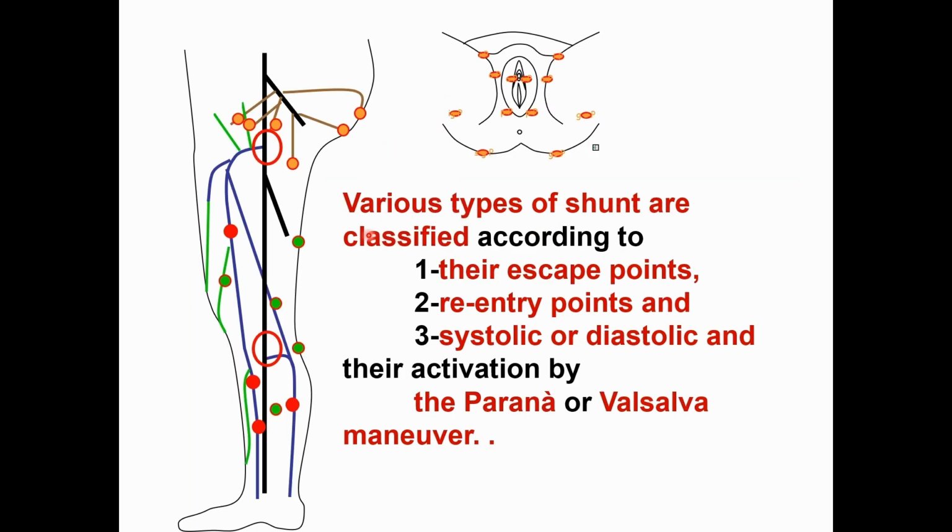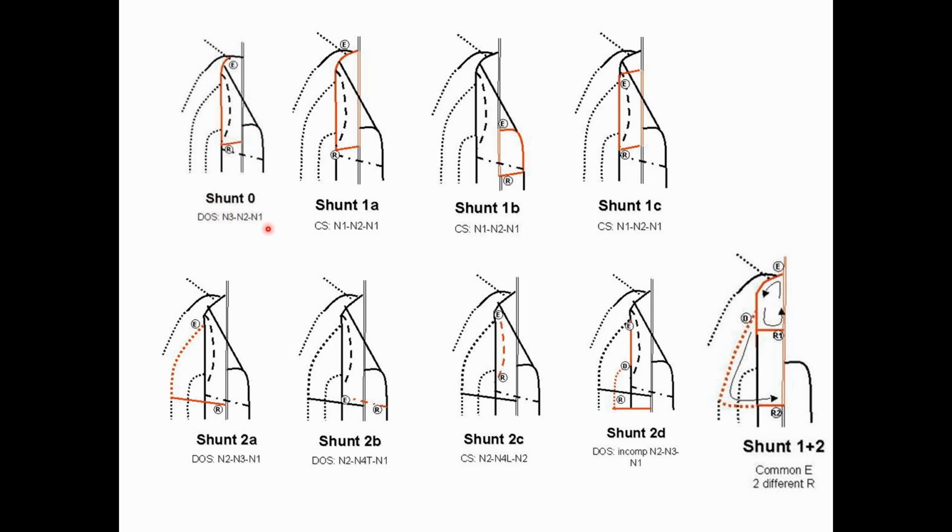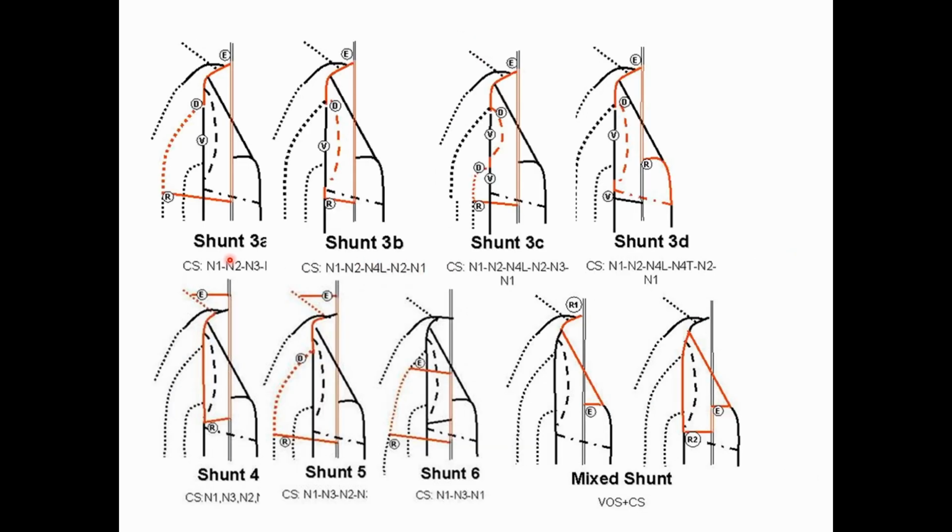Various types of shunt are classified according to their escape points, reentry points, systolic and diastolic, and their activation by the Parana or Valsalva maneuver. These are various closed shunts from shunt 0 and various shunts of shunt 1, shunt 2, shunt 1 plus 2, shunt 3, various shunt 3, shunt 4, shunt 5, shunt 6, and mixed shunts.